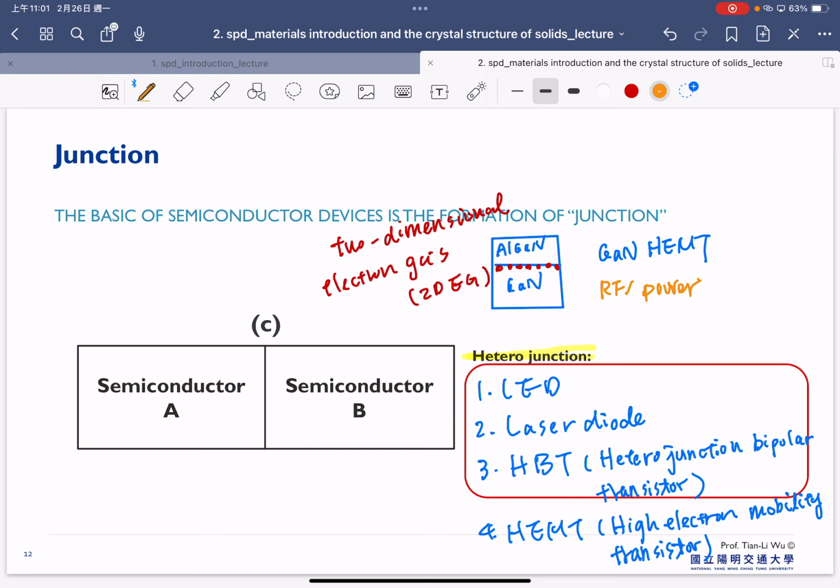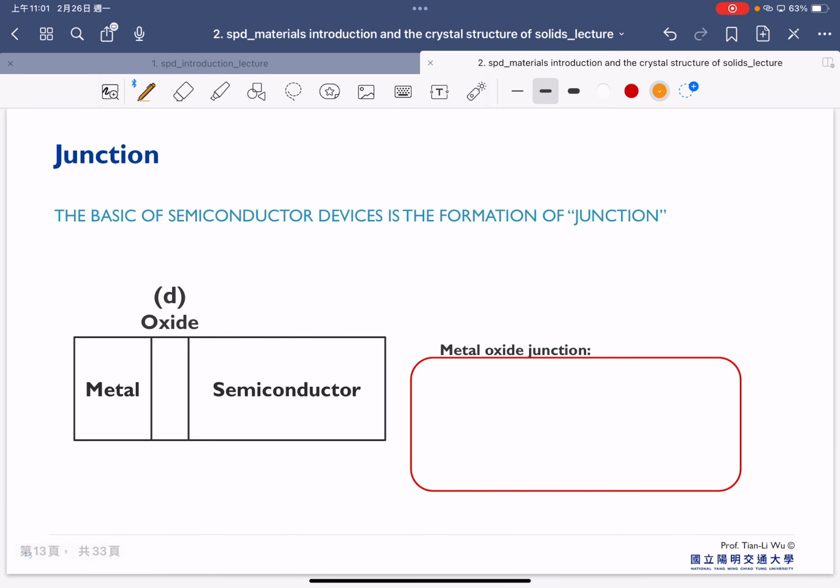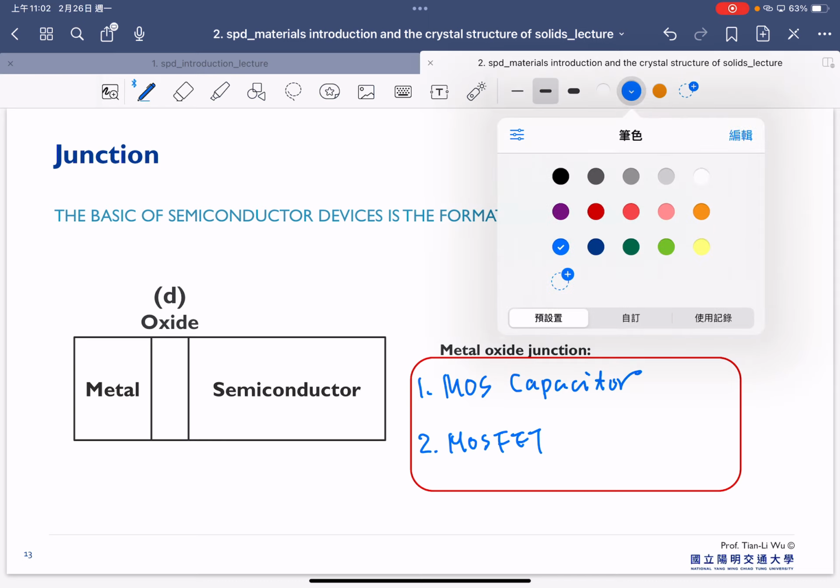And the last one is metal oxide semiconductor. I think this is directly related to the MOSFET transistor. In the metal oxide semiconductor, the first one is often seen as the MOS capacitor, and the second one is the MOSFET.